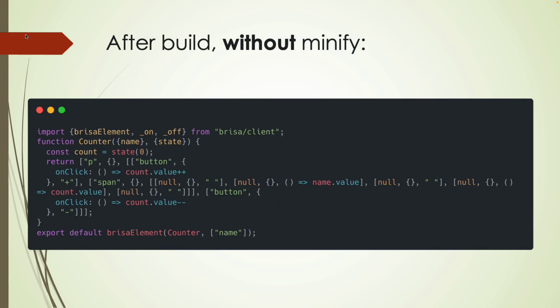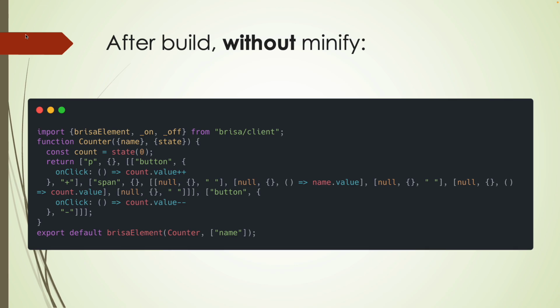And this is the code after compile. So we did some optimizations here at build time. As you can see, we are not using JSX runtime here. We are using JSX at build time, and we transformed all the JSX.